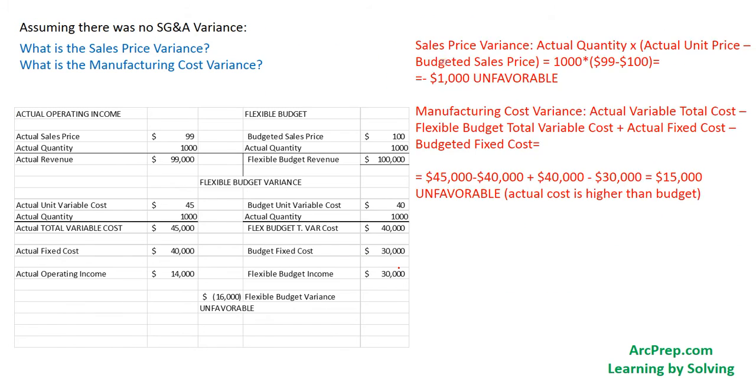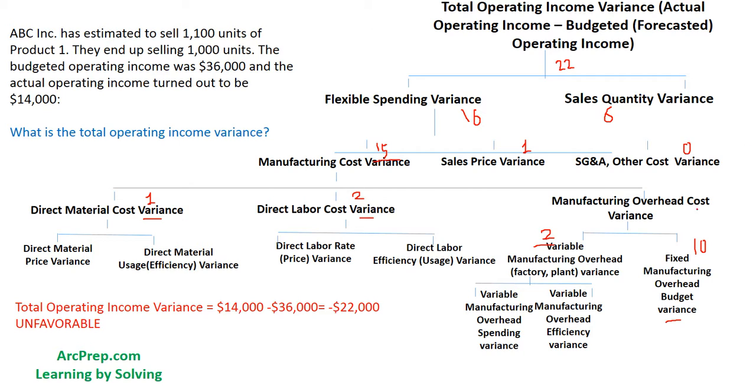And I want to go back here, and we already calculated the sales quantity variance right here. So this side is pretty much everything under actual quantity. So material cost variance is under actual quantity, sales price variance, and so forth.